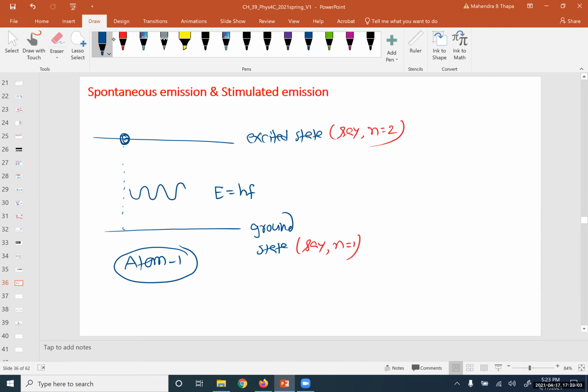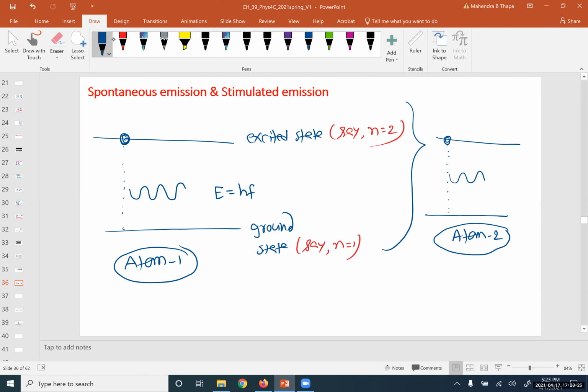The same situation we can consider for atom 2 of an element. This is the ground state, this is the first excited state, and this is the excited state. The electron could jump from the excited state to the ground state, giving a photon of exactly the same value, E equals hf.